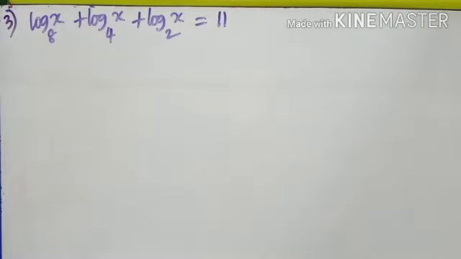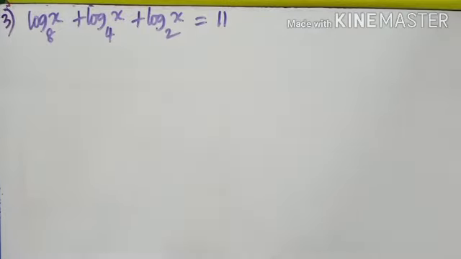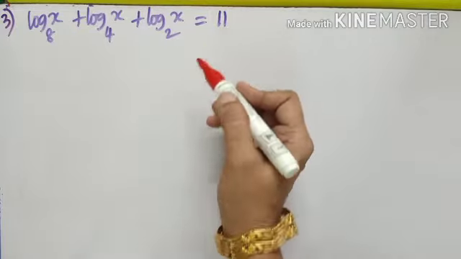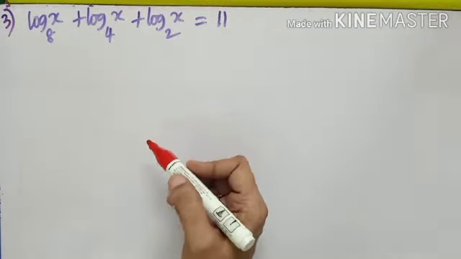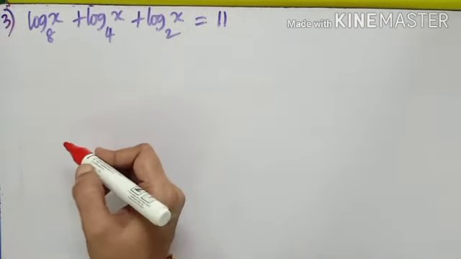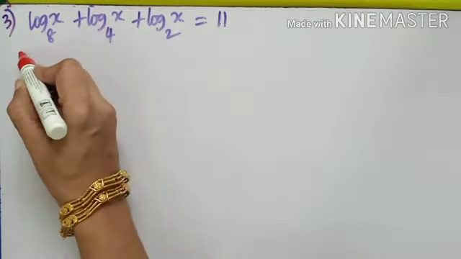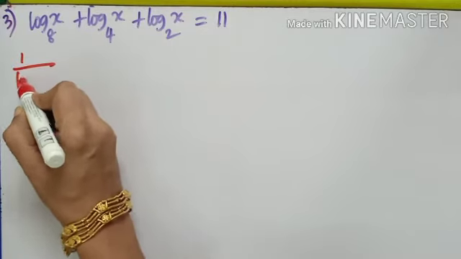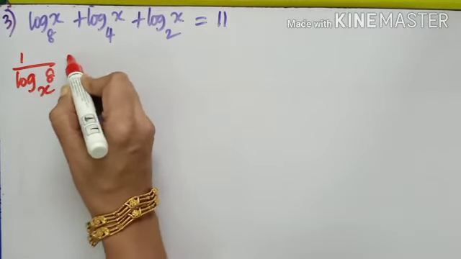Question number 3. Log x base 8 plus log x base 4 plus log x base 2 is equal to 11. We have to solve the problem to find the x value. Log x base 8, we can write as 1 by log 8 base x.